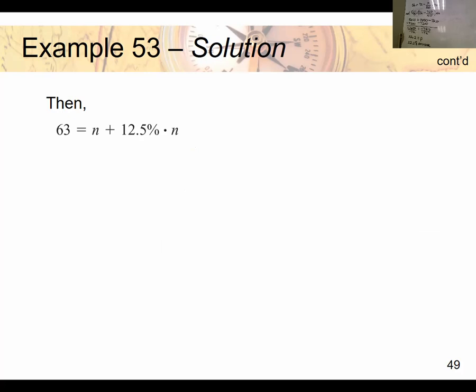The 63 is the number of students that marched this year. And N is the number that marched last year. That's going to be N plus 12.5% times the number that marched last year.